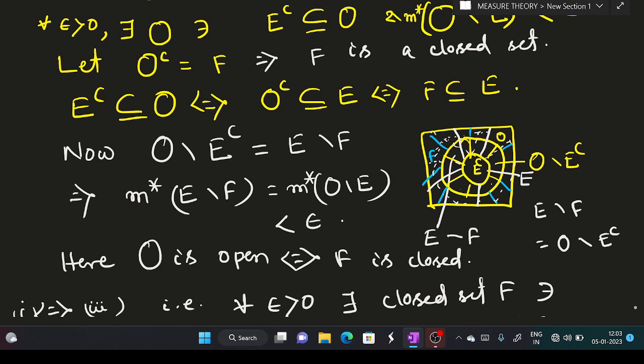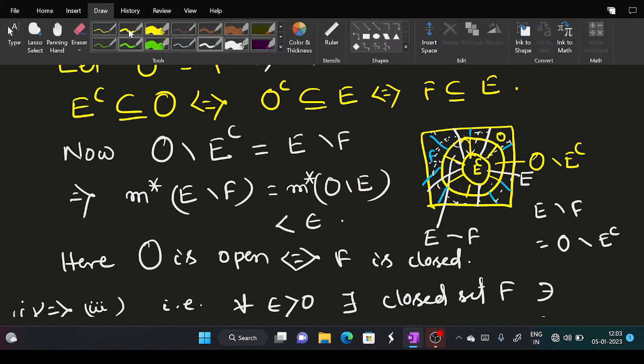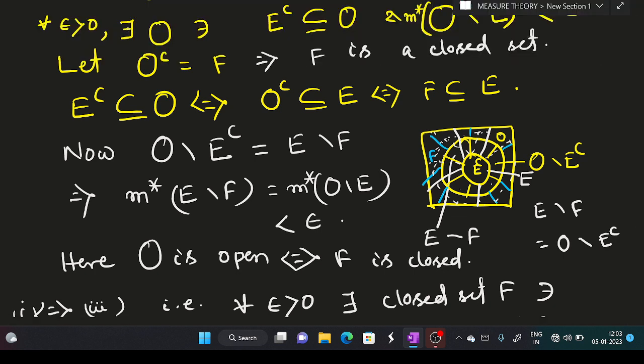What is it telling us? It is telling us that O difference E complement is equal to E difference F. So this implies outer measure of E difference F is equal to outer measure of O difference E complement, which is less than epsilon.